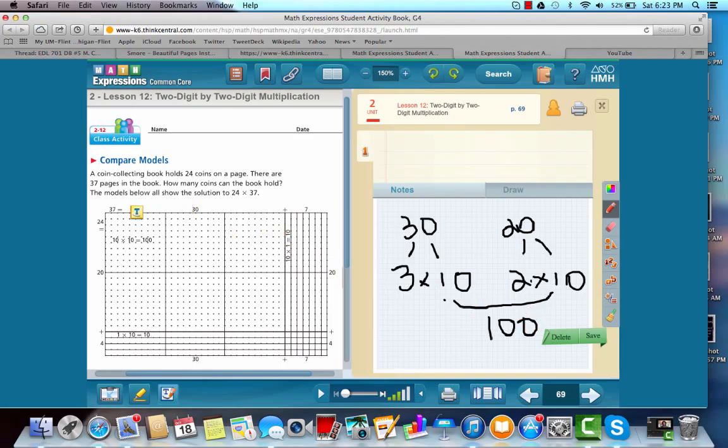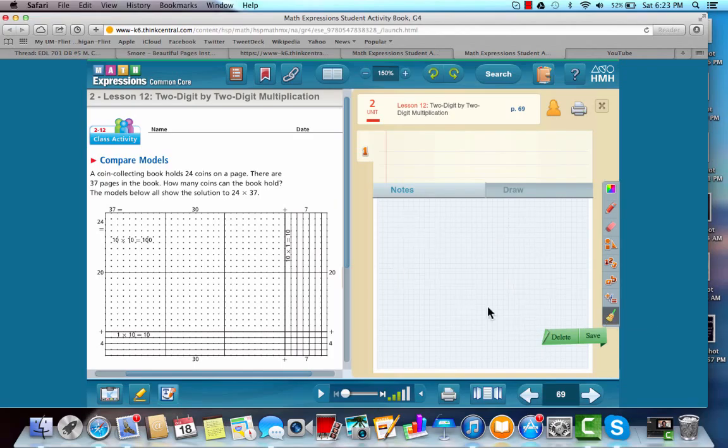So this is 30, right? You have 10, 20, 30 here, and this is 20. You have 10, 20 here. So if you multiply 10 times 10, which is in essence what they've done, they've taken this first area and broken it down into 30.